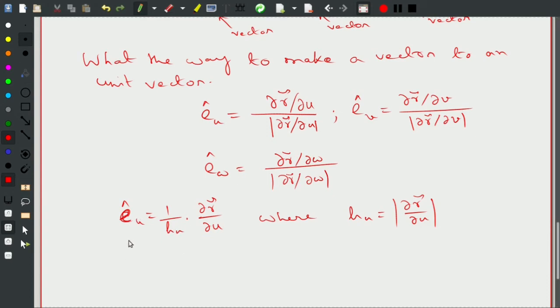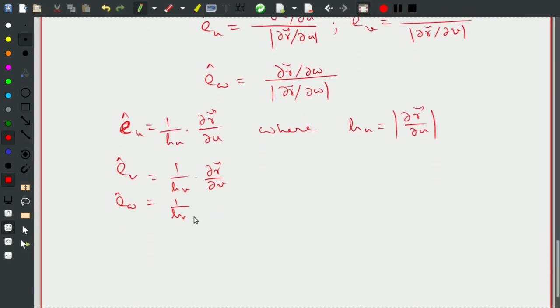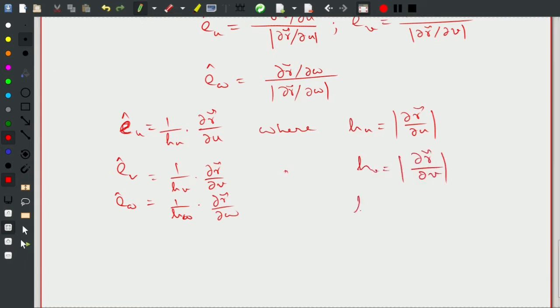Similarly, we can find e v cap and e w cap: they are 1 by h v into dou r vector by dou v and 1 by h w into dou r vector by dou w, where h v equals modulus of dou r vector by dou v and h w equals modulus of dou r vector by dou w. So we just rewrote these unit vectors of the curvilinear coordinates in this new form.